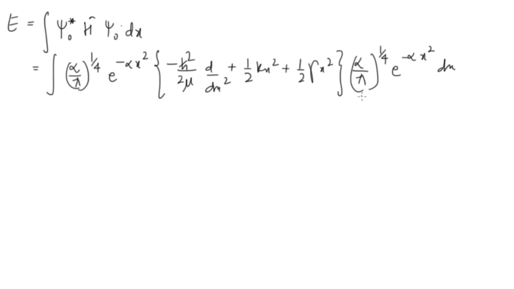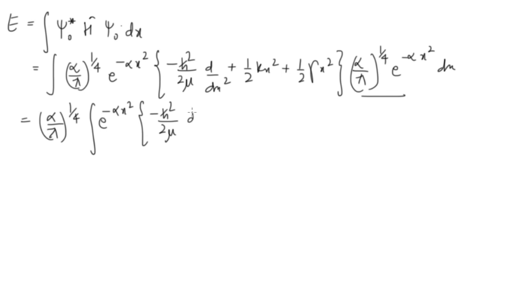Now what you have to do is multiply this term one by one with all of them, and then integrate. So this alpha by pi whole to the power 1 by 4 can come outside of the integral because it's a constant. Then you have e to the power minus alpha x square, then you have minus h cross square by 2 mu d2 by dx square, so I'm having that term as well. This is also a constant term, right?